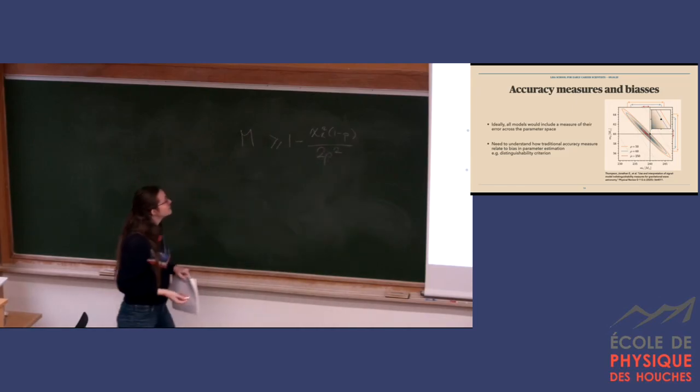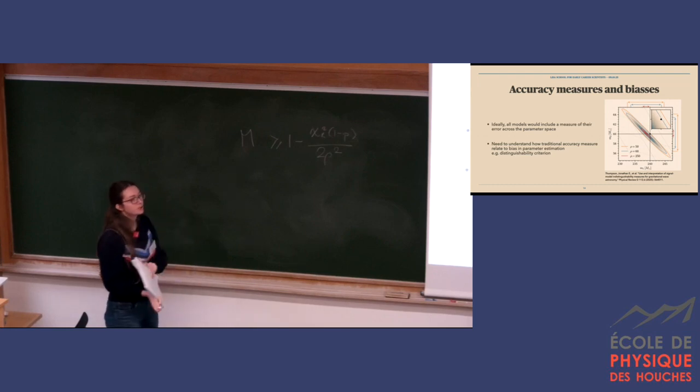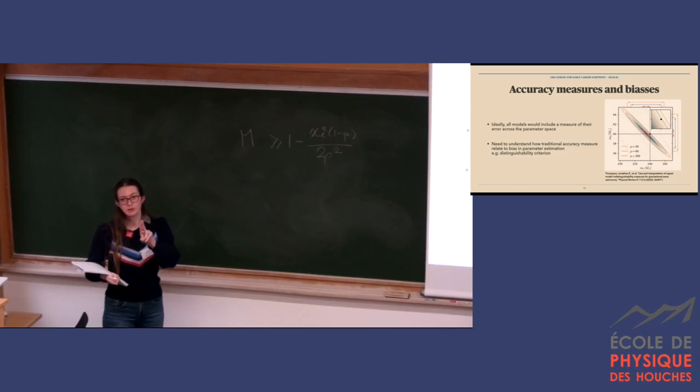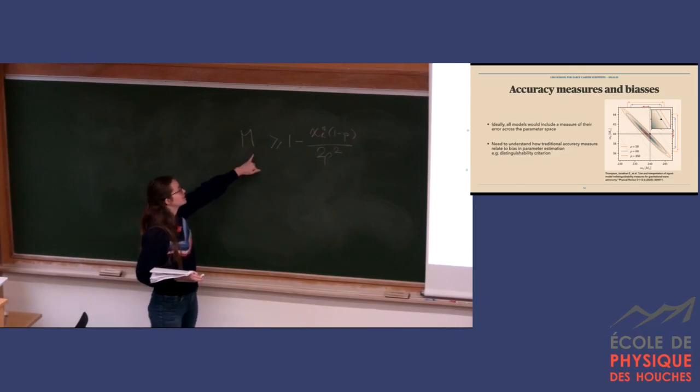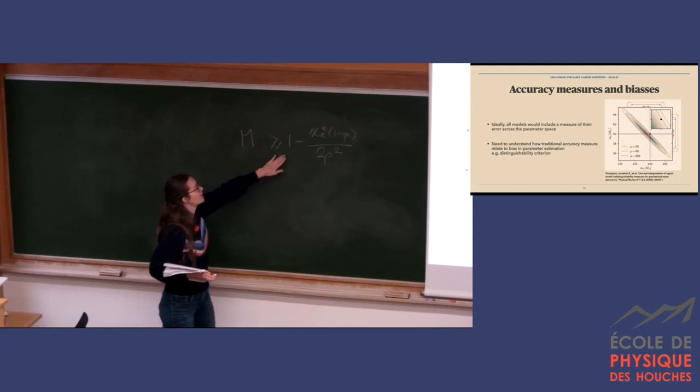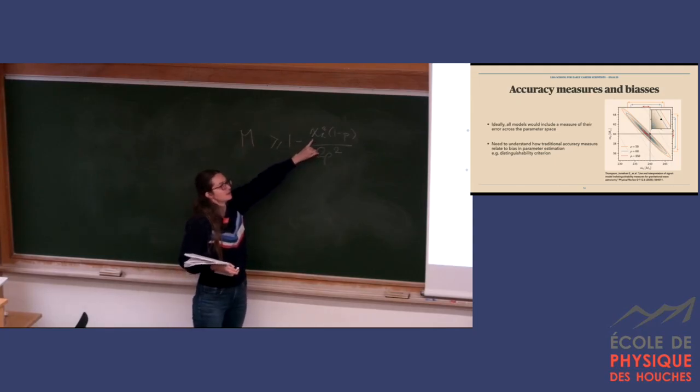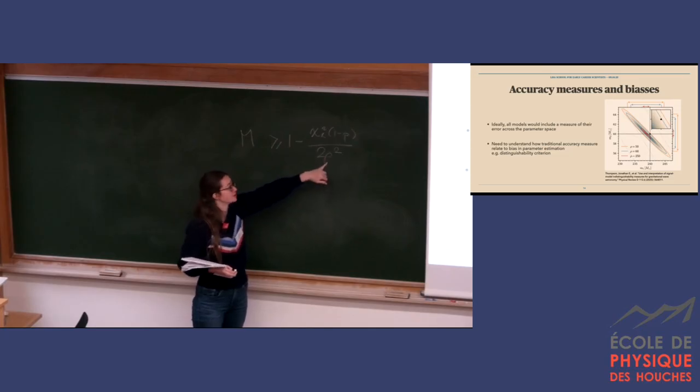Okay, so this says that in order to be able to distinguish between two waveforms above the modeling error, your match must be greater than 1 minus the chi-squared probability density over 2 times the SNR squared.